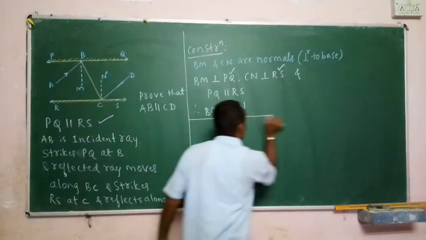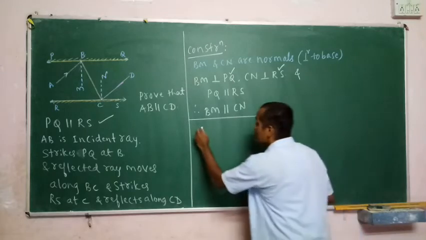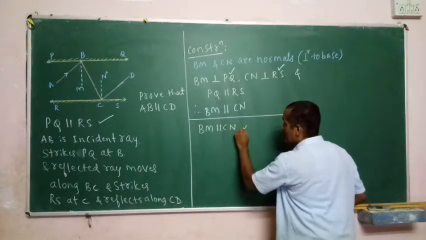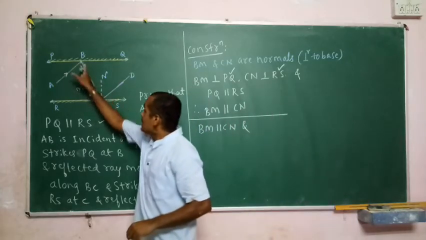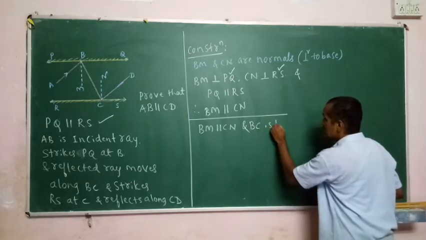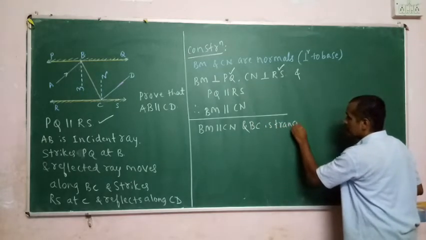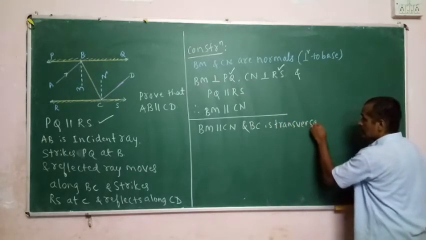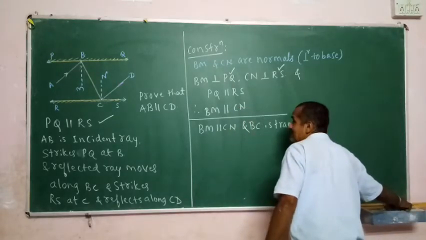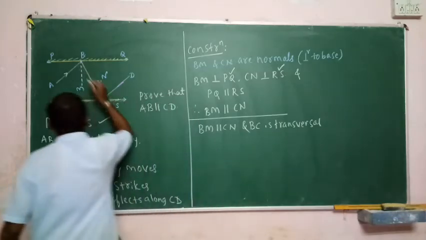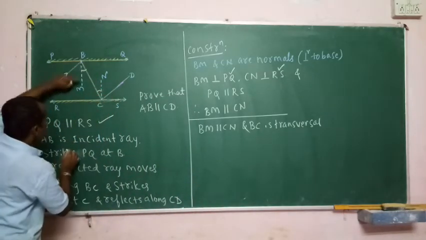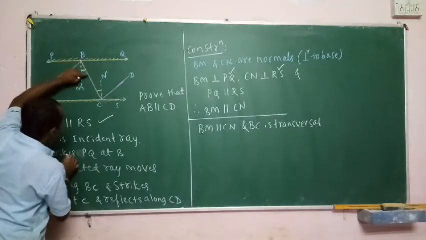Now, this is the first part. Now I will write: BM is parallel to CN and BC is a transversal. So can I say these two angles are equal to each other? These are the parallel lines, and this is the transversal.